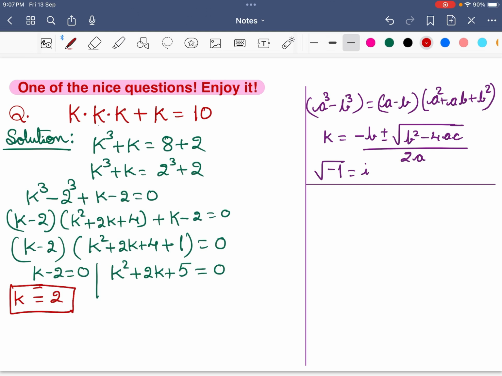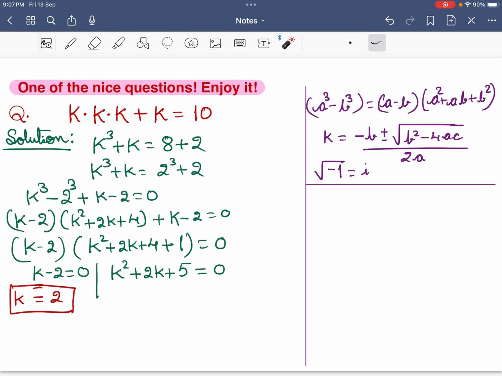Now let's simplify this one. Here it is in the form of a quadratic equation, k square plus 2k plus 5. But 5 cannot be factorized to get the middle term 2, so we need to use the formula. k is equal to minus b plus minus square root of b square minus 4ac upon 2a.